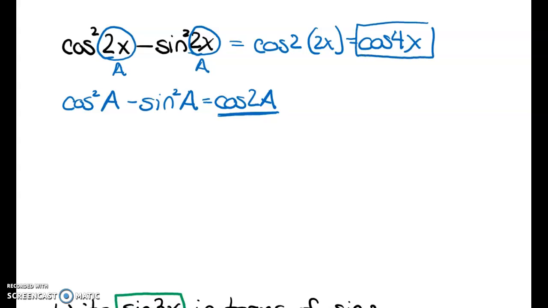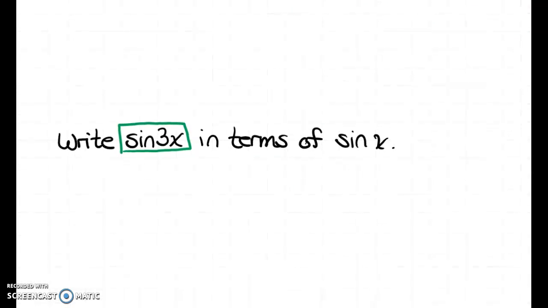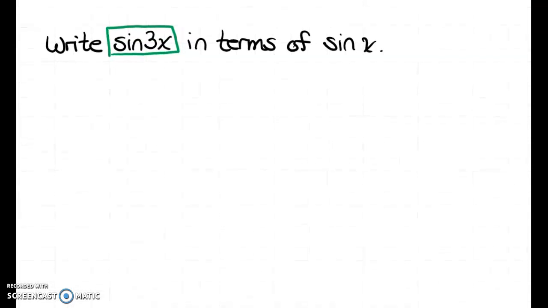All right, so now we're going to move on to a different type of problem. We're going to write sine of 3x in terms of sine of x. All right, so for this problem, we have to write the sine of 3x in terms of the sine of x. So I think what I'm going to start off with is changing this into the addition of two angles.